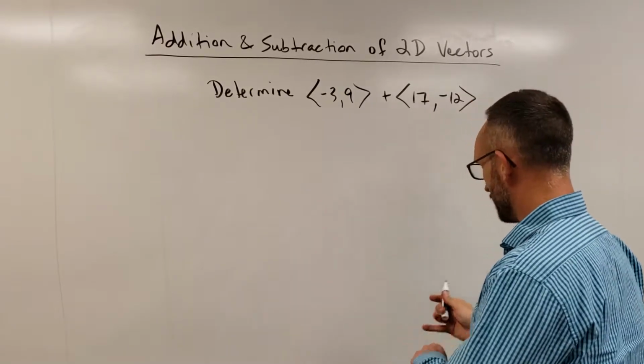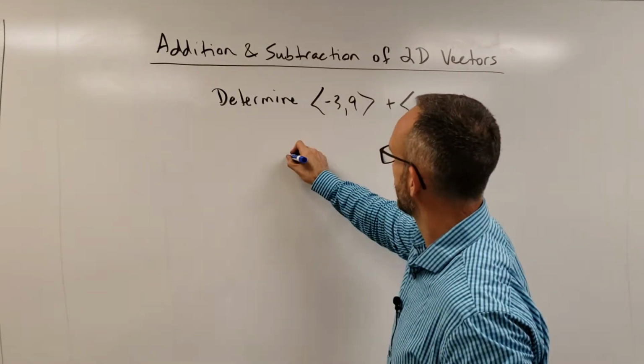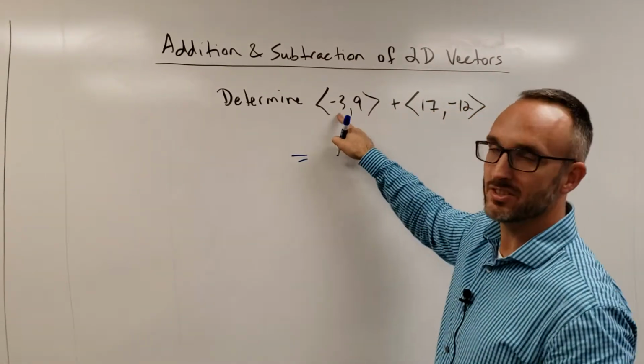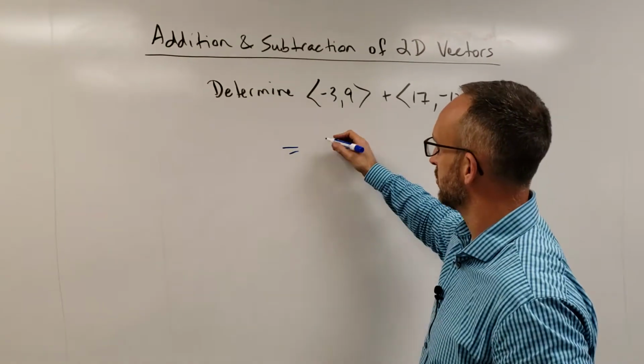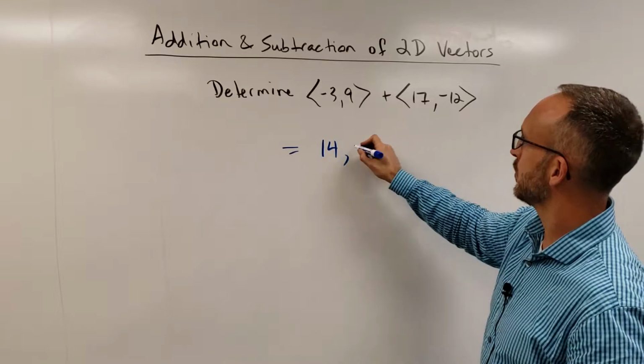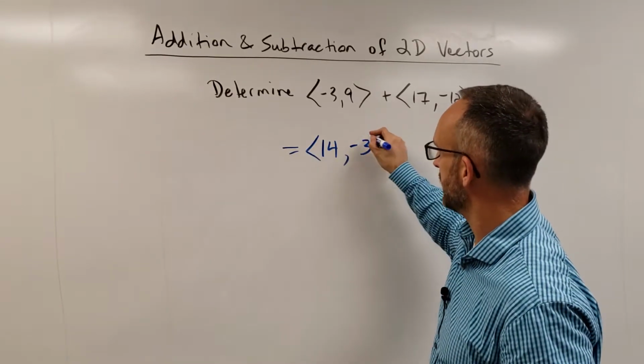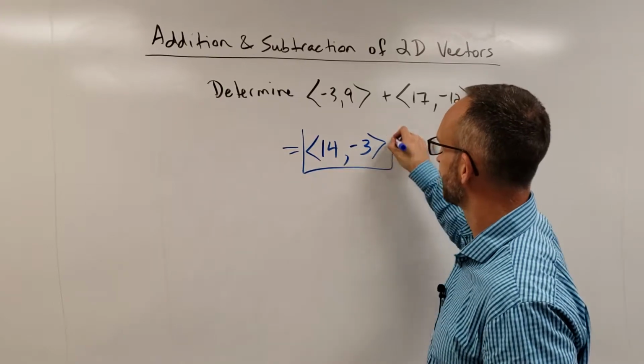Well, it's pretty simple, right? You add the components together. So you're going to get negative 3 plus 17 results in a total horizontal component of positive 14, while 9 plus negative 12 results in a total vertical component of negative 3. And that's all there is to it.